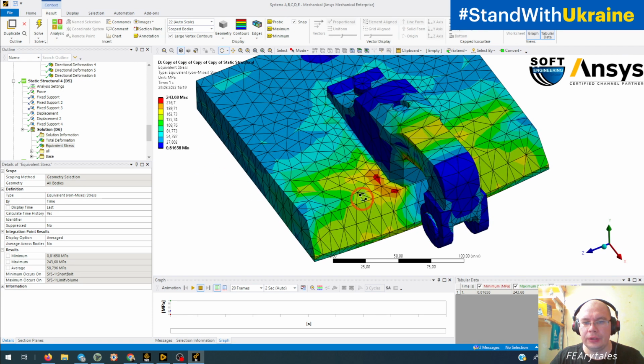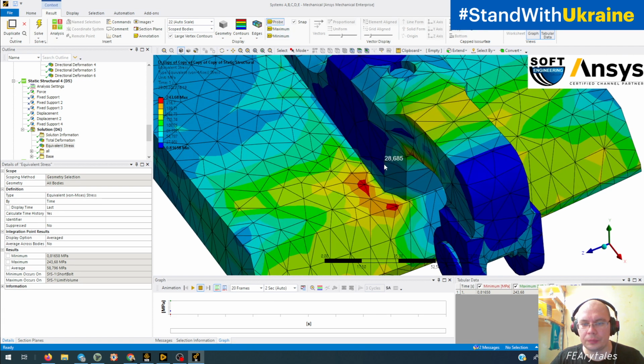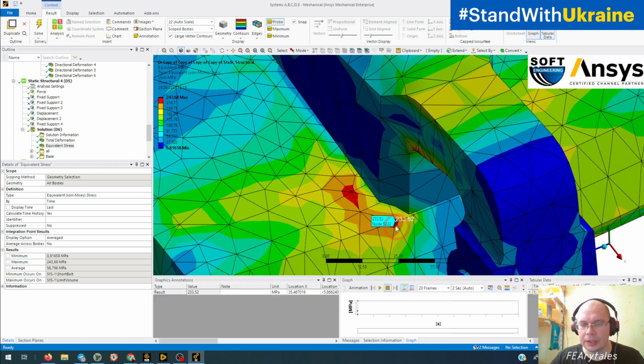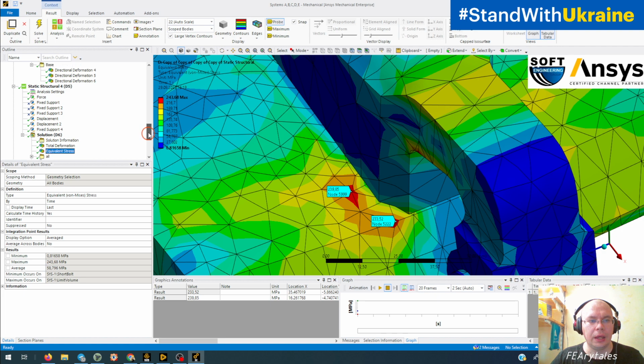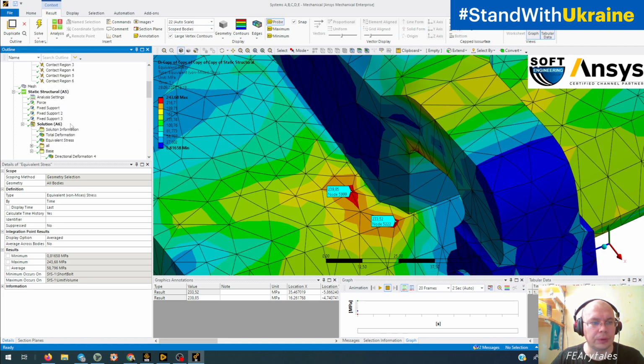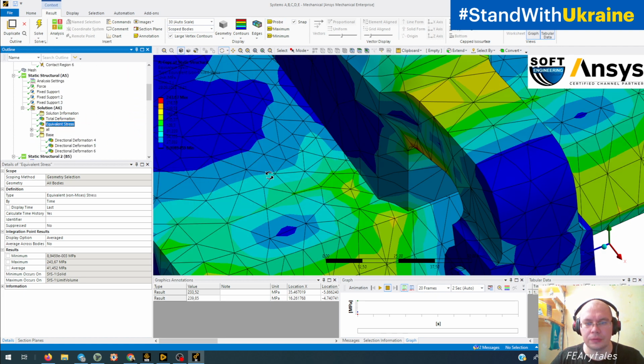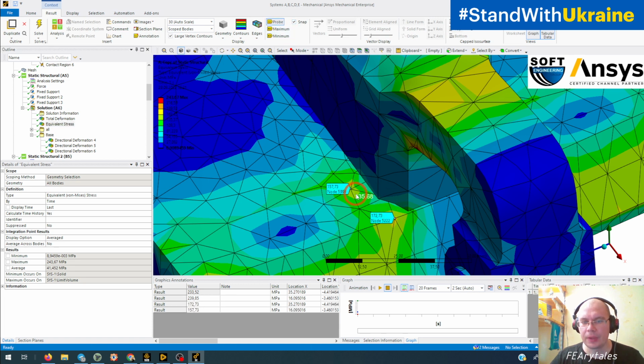And if we take a look, probe here, it's almost the maximum, 230 megapascals, 240 megapascals. If we take a look on a first object, we also see some hot spots here, but the level of this hotspot are much less, 160, 170 megapascals.